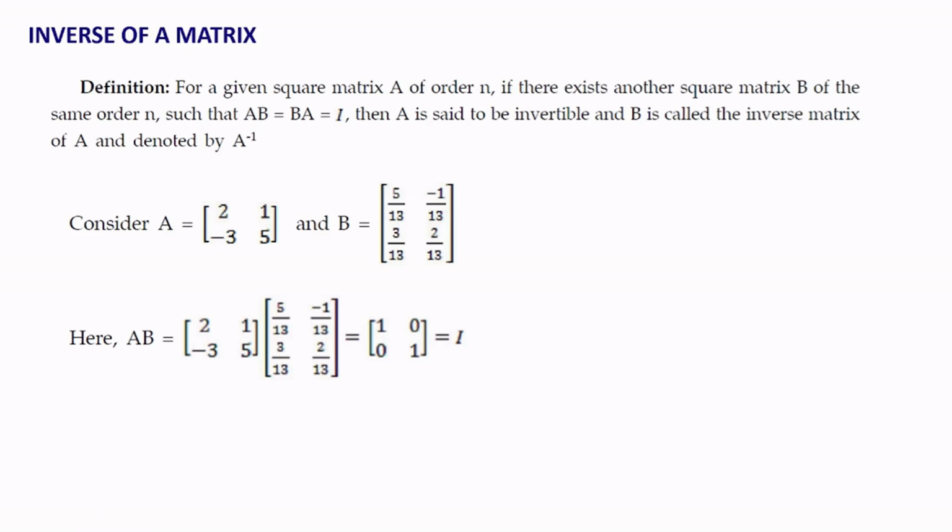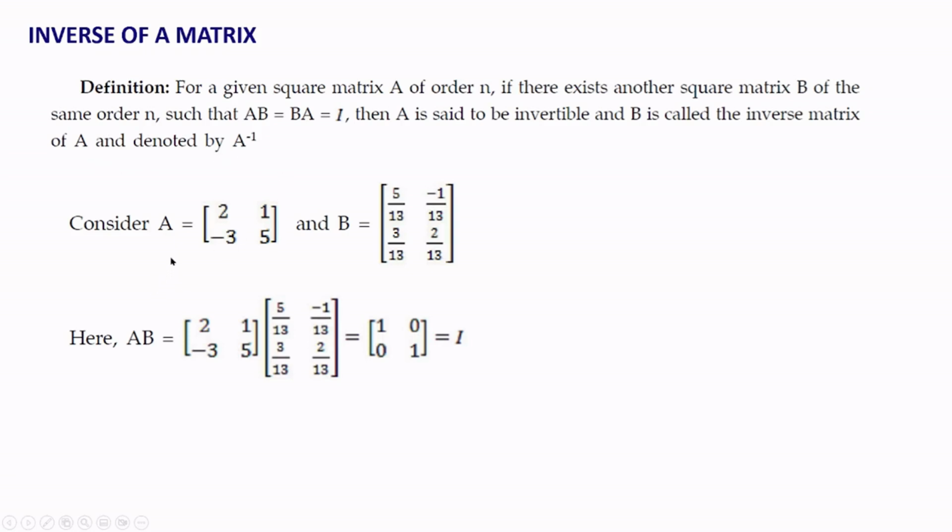Now let us proceed. The next topic is inverse of a matrix. If we have a square matrix A of order n, and there exists another square matrix B of the same order n such that AB equals BA equals the identity matrix I, then we say A is invertible and B is called the inverse matrix of A, denoted by A inverse.